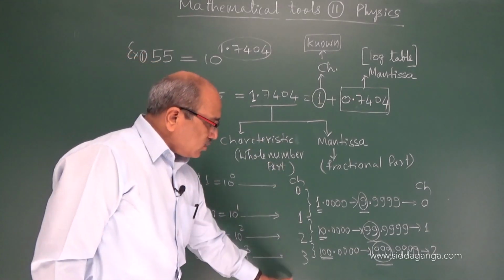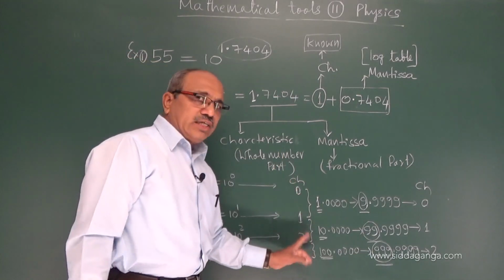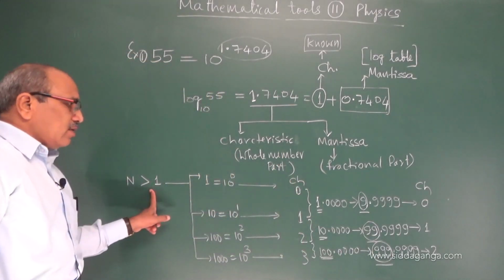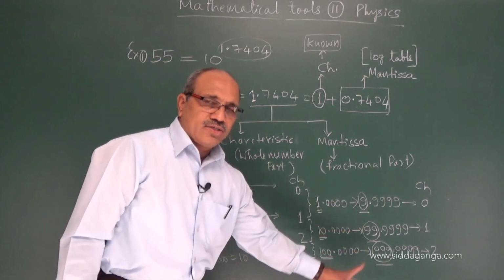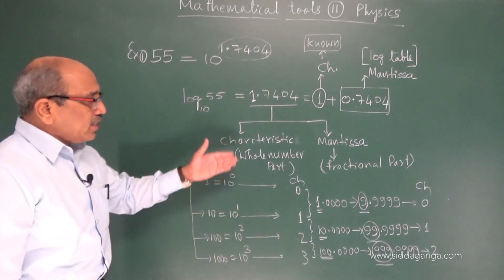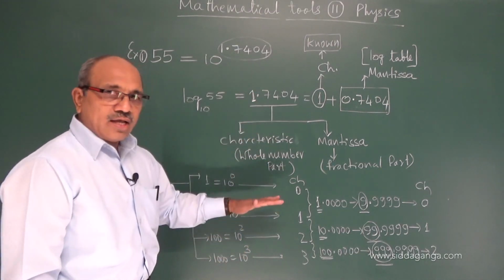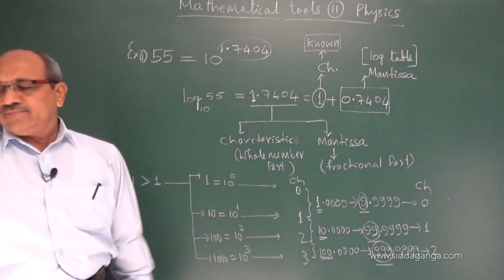I have said the rules used to find the characteristic for a number greater than 1. Now if the number is less than 1, how do we find it? I will come to that later. Just go through once, have a glance and come back again.